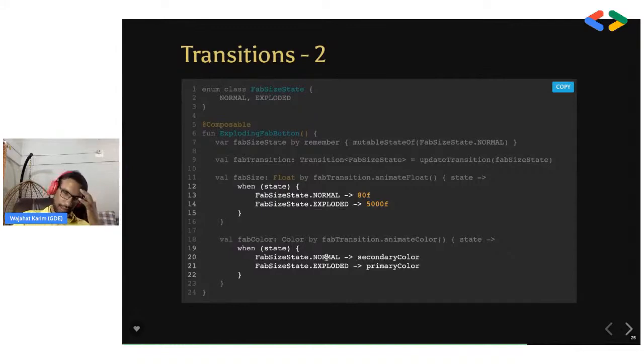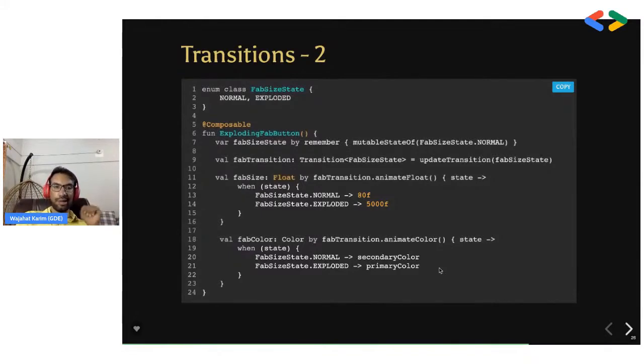When this is normal, let's make it secondary, and when this is exploded, make it primary color. And now I have the destination: what I need at the start and what I need at the end. For us, start is normal and end is exploded. These are the steps.